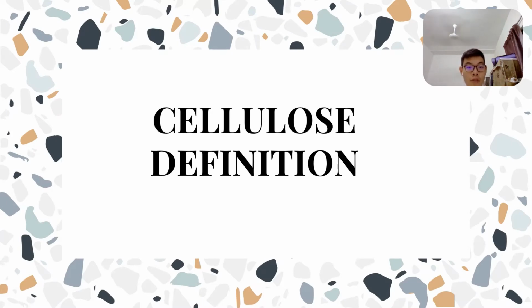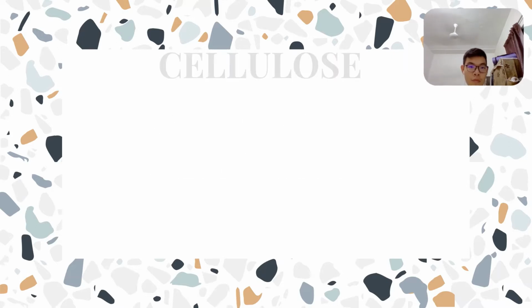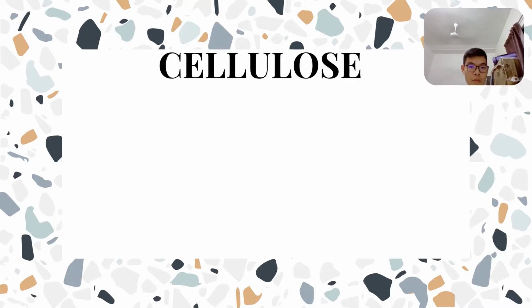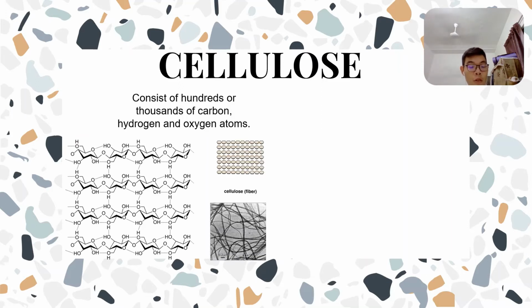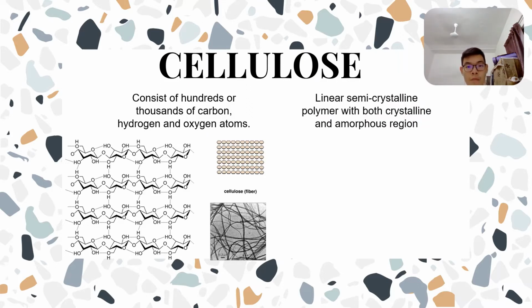So allow me to define cellulose. Cellulose consists of hundreds or thousands of carbon, hydrogen and oxygen atoms. From the diagram, we can see that the carbon chains of cellulose are linked together by hydrogen bonds, forming a lattice arrangement, which forms the cellulose fibers.